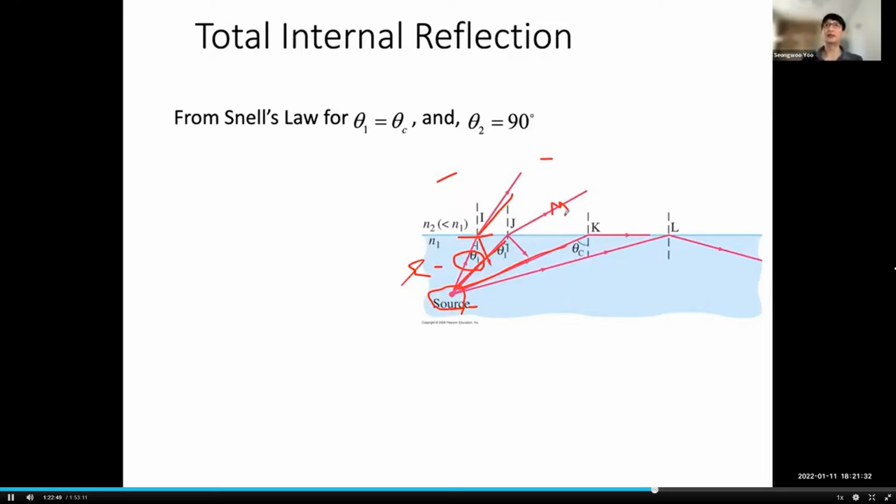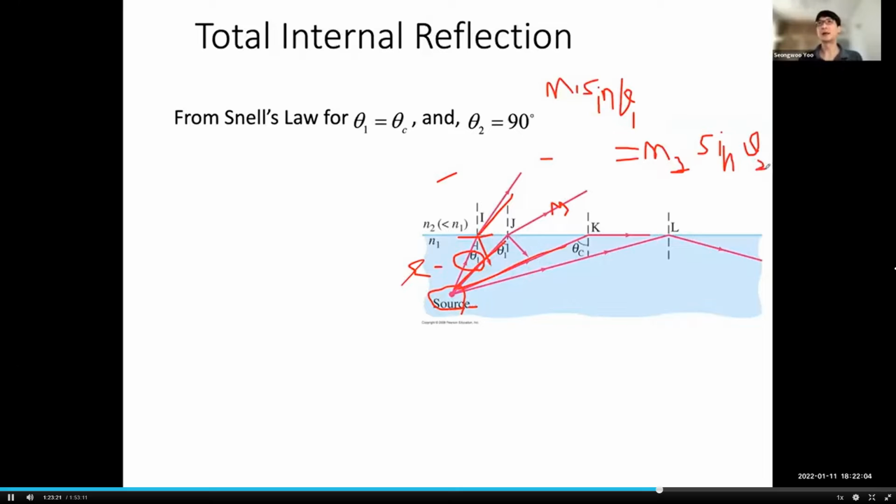If it's difficult to imagine this angle of refraction, we can always start with Snell's law. So I'm going to write Snell's law: n1 sine theta 1 equals n2 sine theta 2.